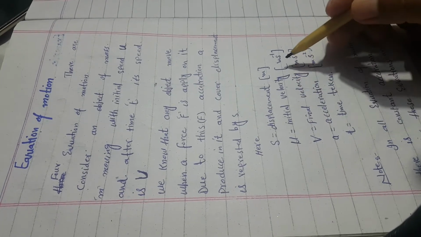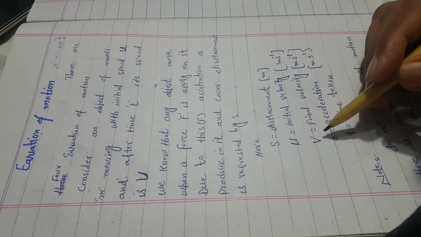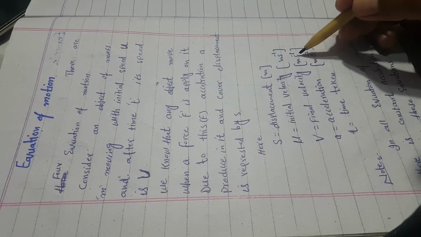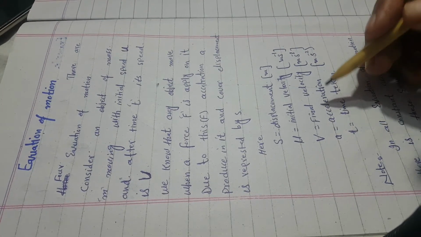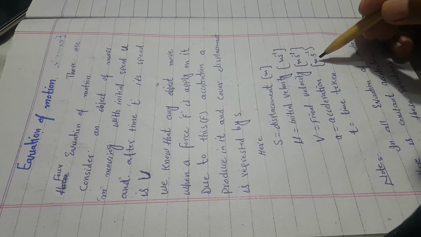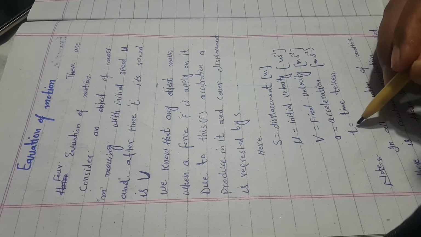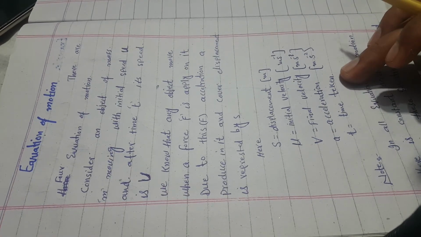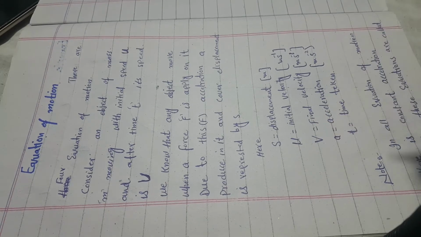So it is measured in meter per second. v is the final velocity, also measured in meter per second. a is the acceleration produced due to force F, measured in meter per second square, and t is the time taken by the object to go from velocity u to v.